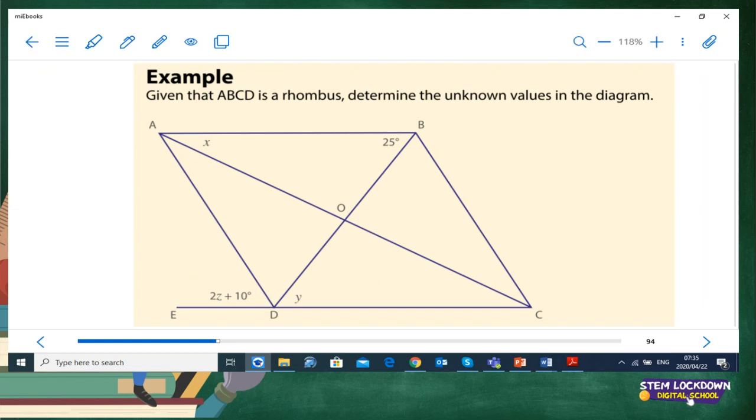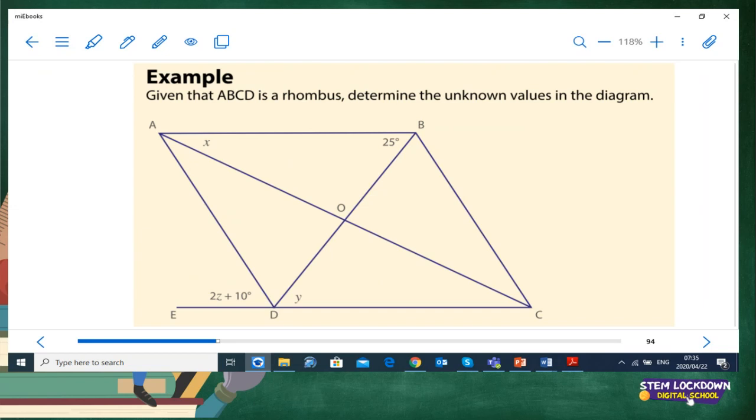But before we go there, are there any other sets of alternate angles? Yes, there are. If you look at the 25 degrees, which is found on angle B, the small angle there, that 25 degrees will be equal to Y, because the two form a Z shape.